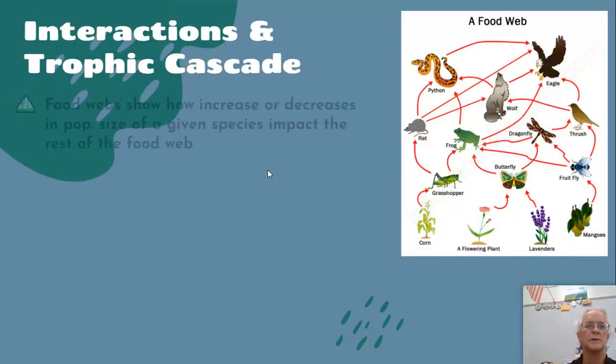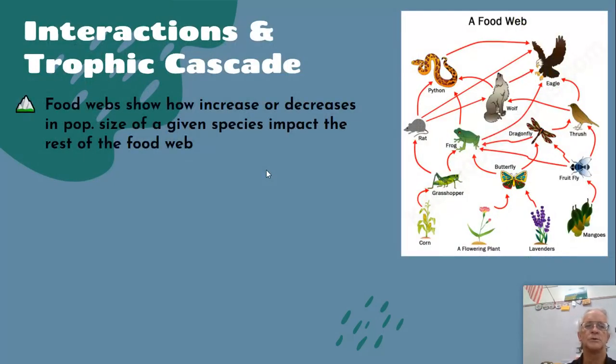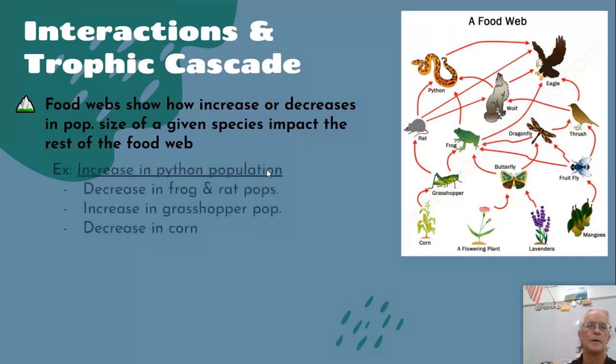Interactions in a trophic cascade. Food webs show how increases or decreases in the population size of a given species will impact the rest of the food web. For example, an increase in the python population will decrease the frogs and the rat population because the python eats them.